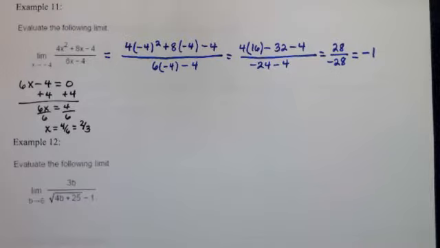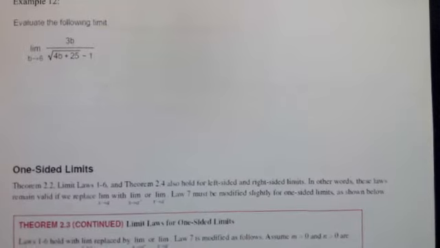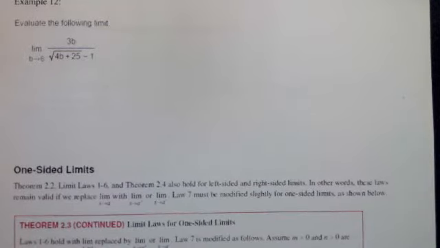All right, example 12 is this. Here we got a square root in the denominator. So if I want to evaluate the following limit, in this one, the limit as b approaches 6 of 3b divided by the square root of 4b minus 25 minus 1. All right.